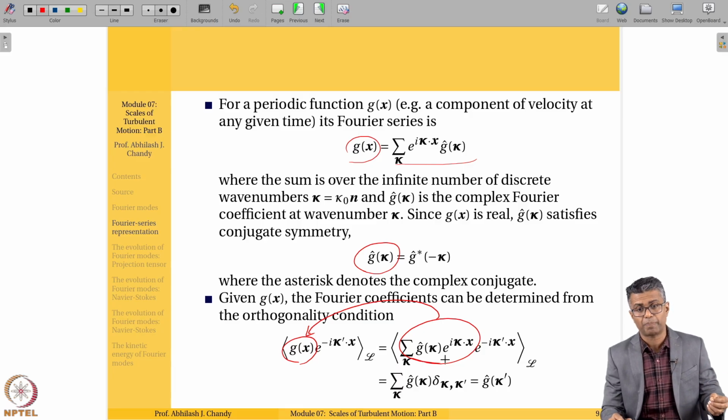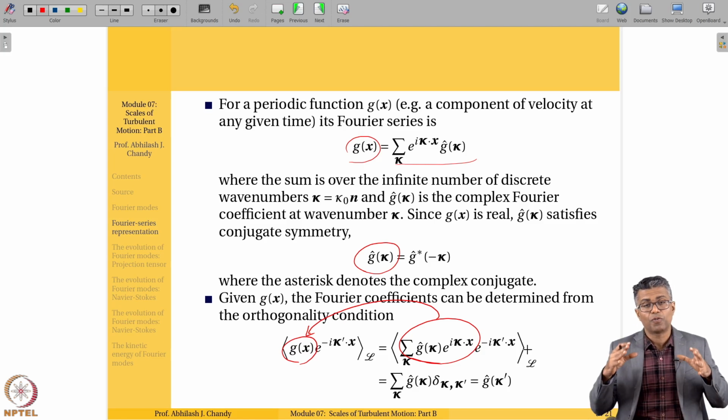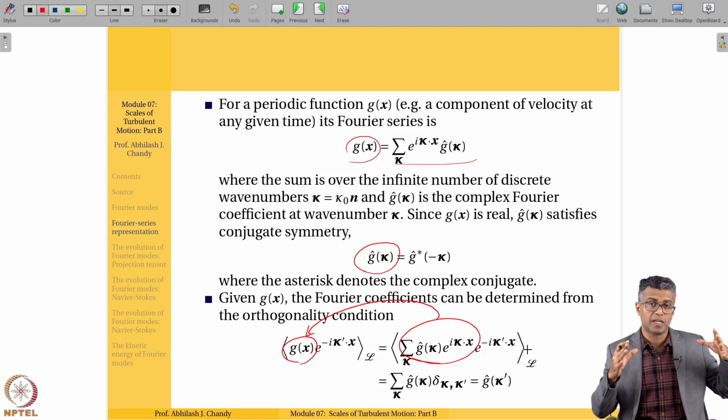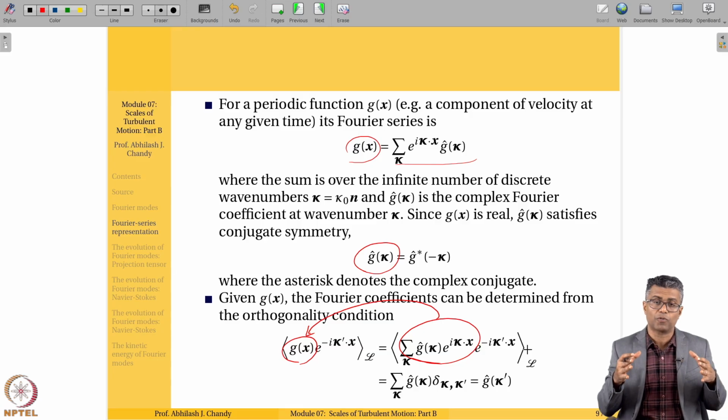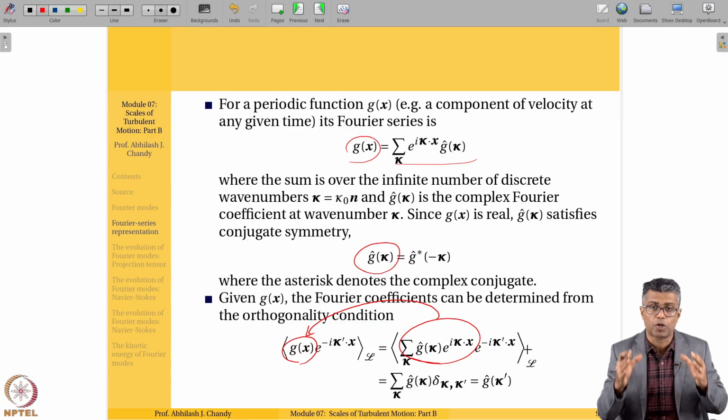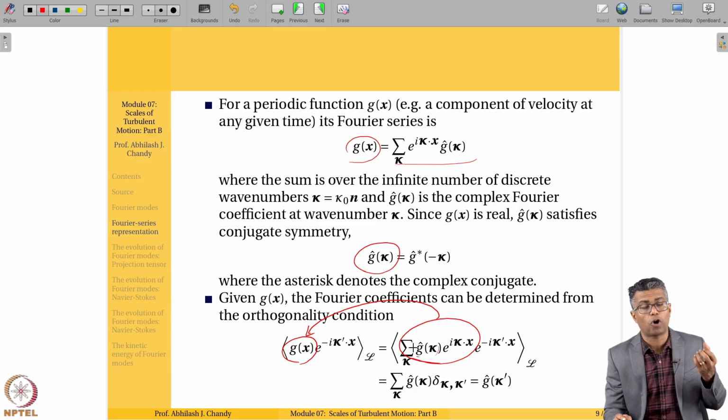So g hat of kappa e to the I kappa dot x multiplied by e to the minus I kappa prime dot x, volume average L, all right. And then what happens is, remember the volume average is in physical space. We are taking the volume average over the physical cube. So g hat of kappa, being in Fourier space, you can take it out of the volume average.